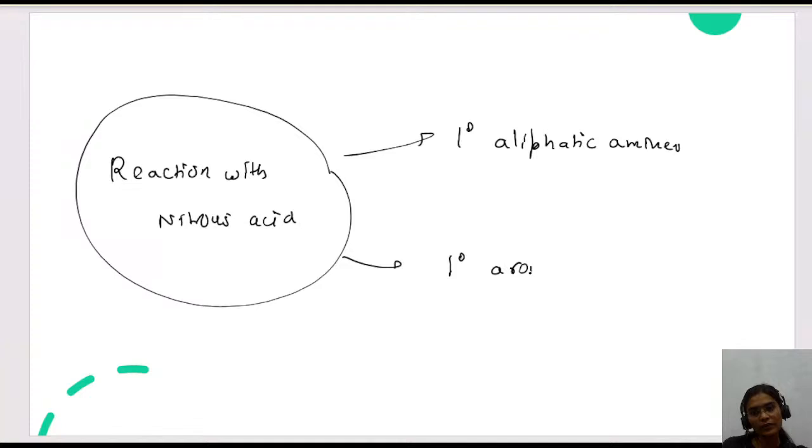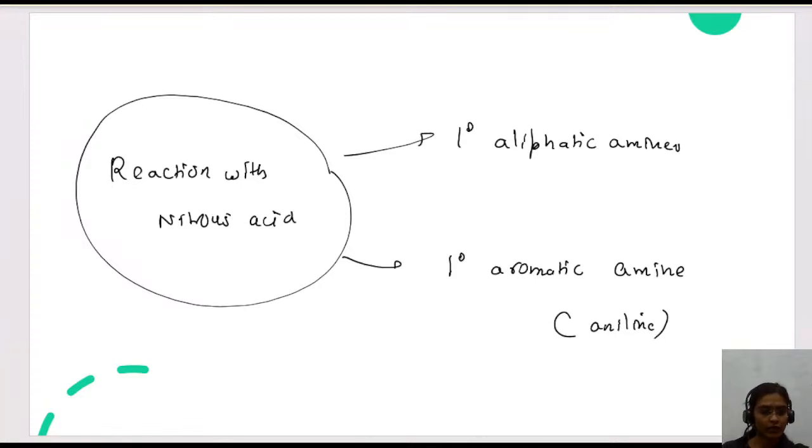It means only a primary amine is going to give the reaction. The primary aromatic amine is basically going to be aniline. Generally we can't say others can't participate, but this is the general rule, so we are using primary aromatic amine.